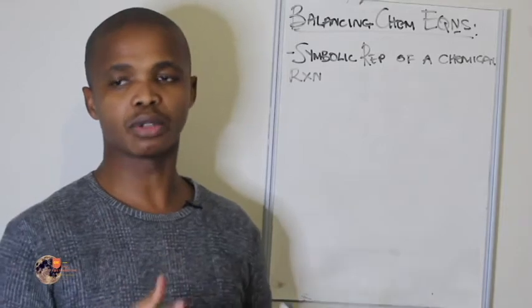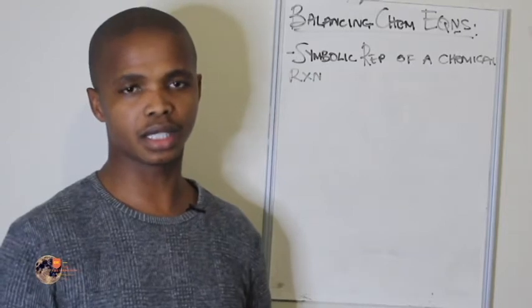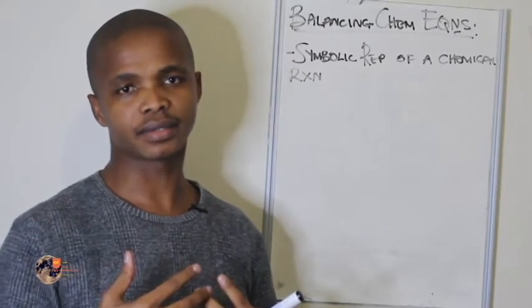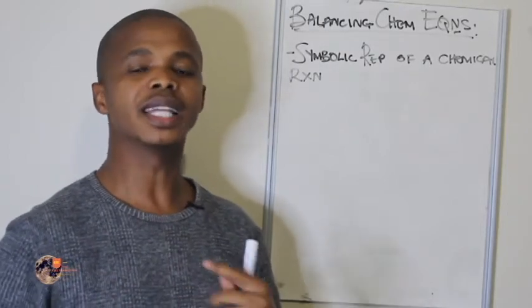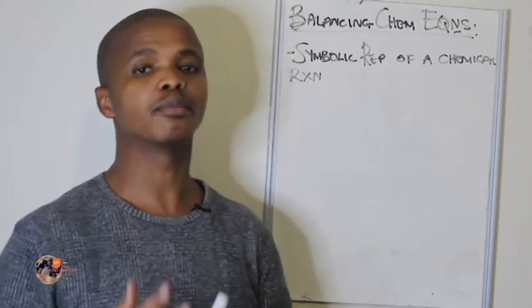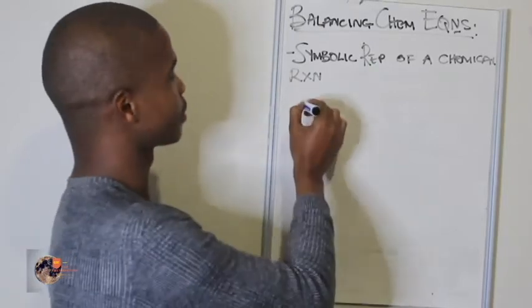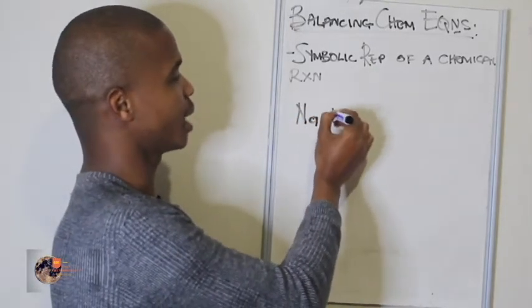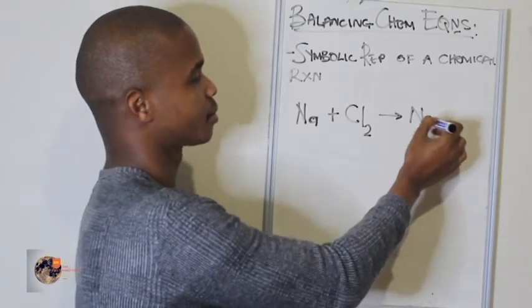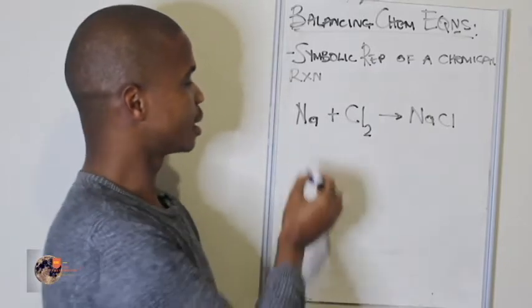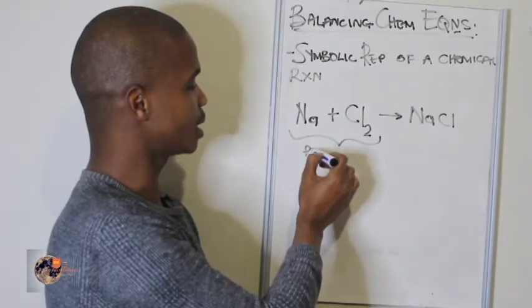Now for a chemical equation to be written correctly, you have to know the reacting chemicals and the products that they form. So if there is sodium, which is Na, plus your chlorine gas to give you sodium chloride, these are your reacting species, which is your reactants.